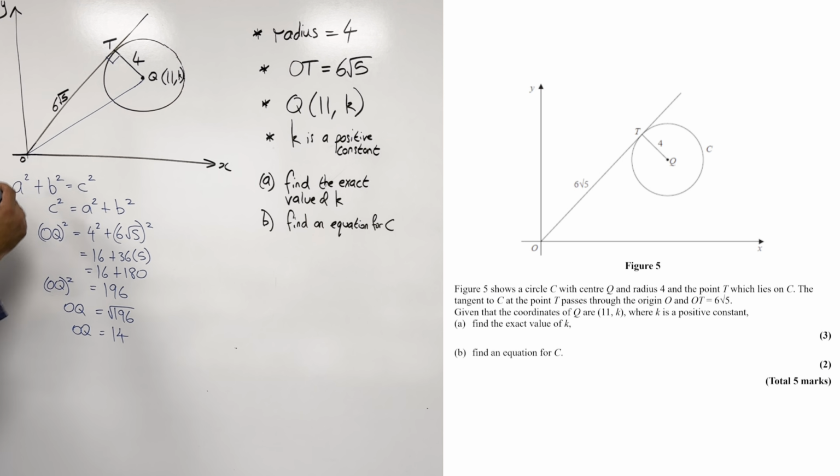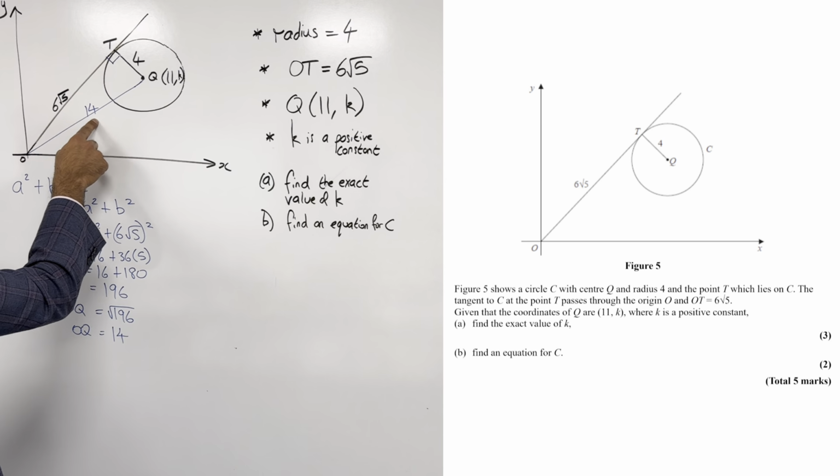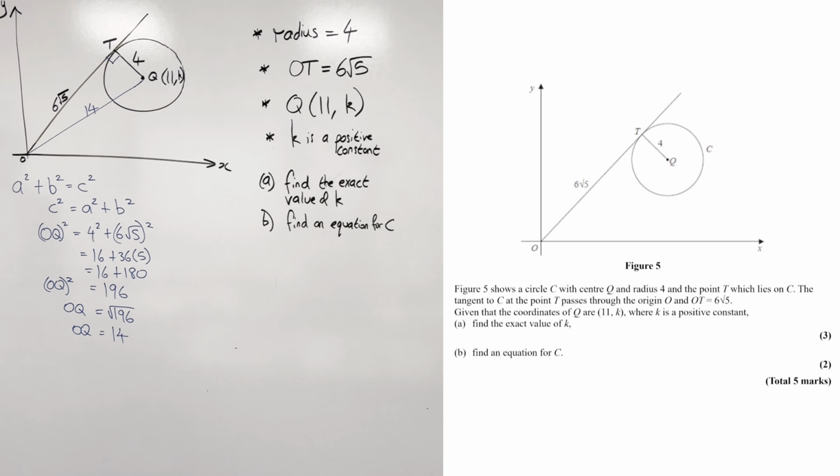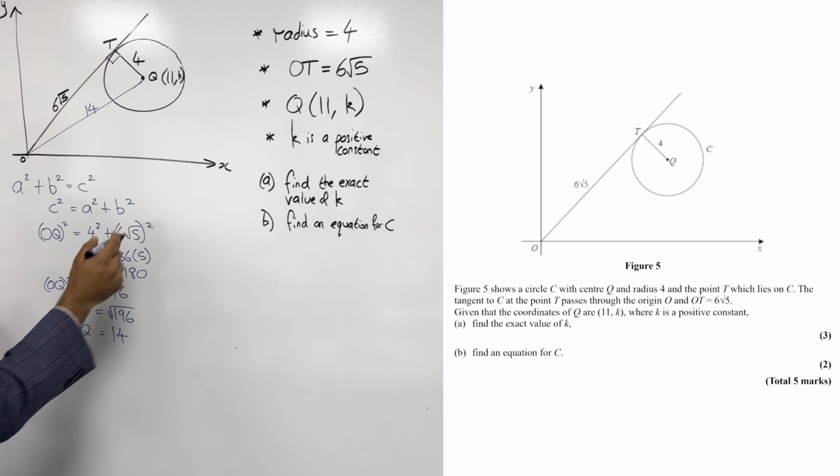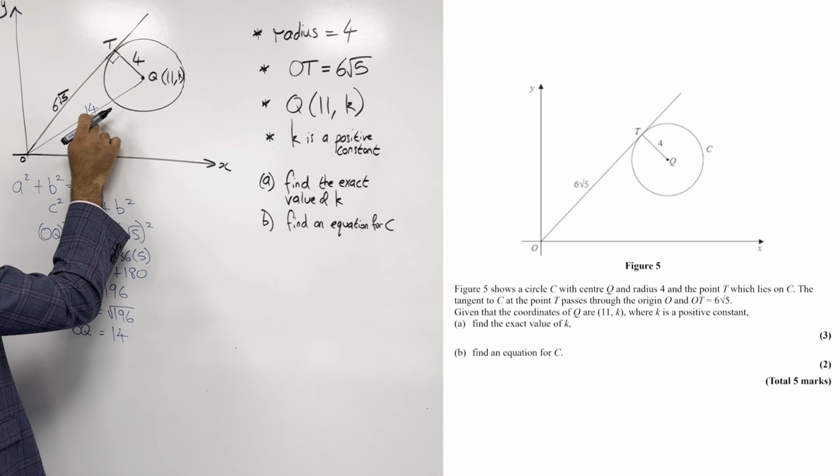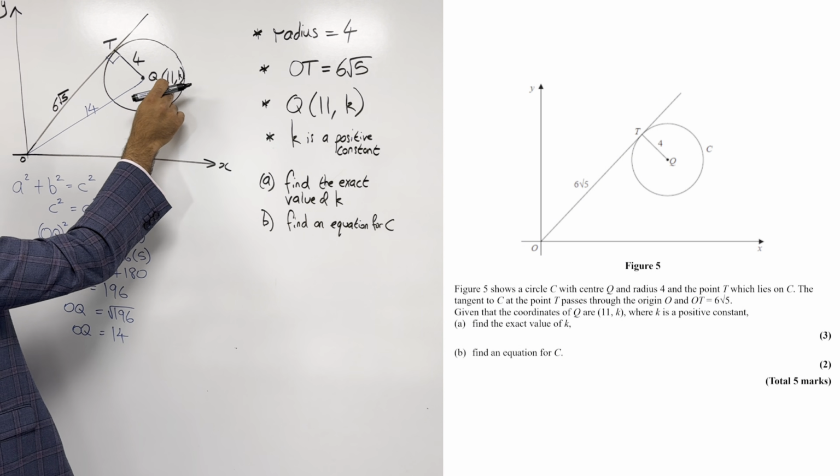So I worked out what the length from O to Q is. It's 14 units. In order for me to work out what the value of k is, I need to really think about how I can utilize this information. 14 I know. This 11 is giving me a lot of information.